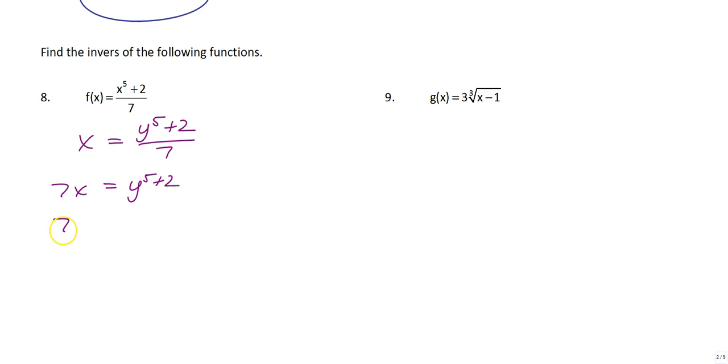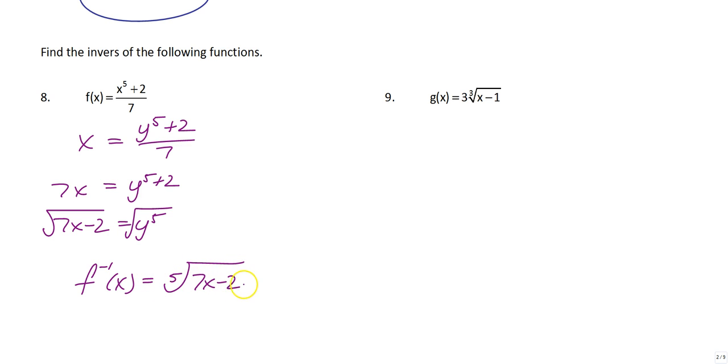Subtract 2 from both sides, and you have 7x minus 2 is equal to y to the 5th power. Then take the 5th root of both sides, and you will have your inverse is equal to the 5th root of 7x minus 2. Leave it alone, you are done.